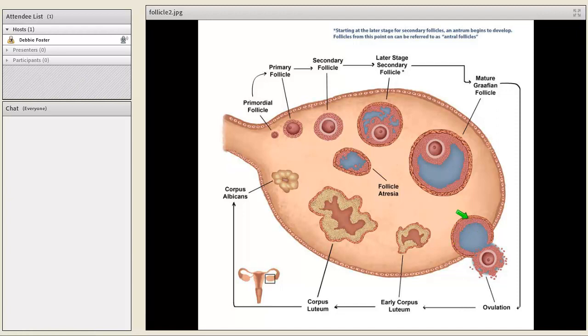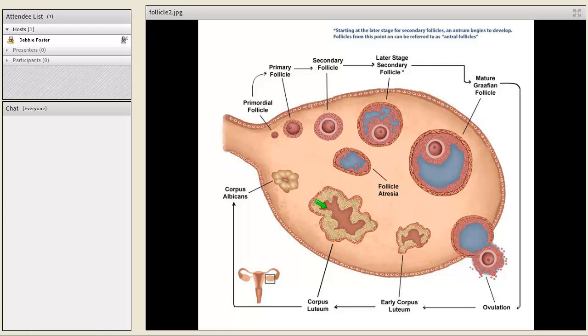The leftover follicle cells that remain in the ovary develop into the corpus luteum, and this is a hormone-producing body. It will continue to do so until the placenta is formed if it receives a signal. That signal is HCG, that's a pregnancy hormone, that the little embryo is sending up.